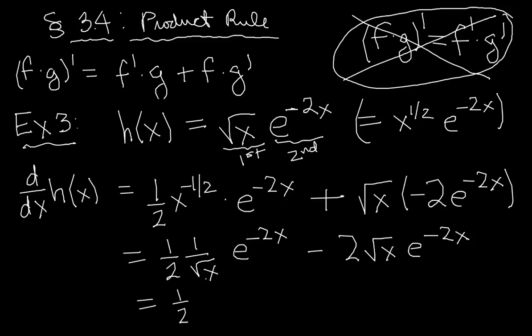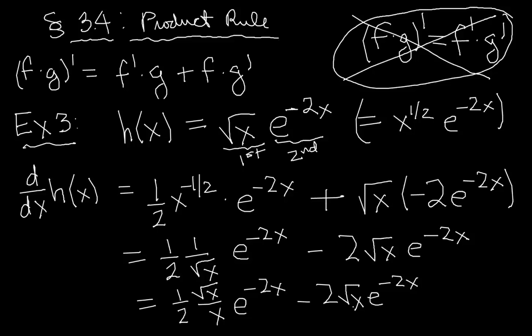We can multiply the top and the bottom of this fraction, 1 over square root of x, by square root of x itself. So that square root of x comes to the top, and when you multiply square root of x times square root of x, you just get x. Then e to the minus 2x minus 2 square root x, e to the minus 2x.